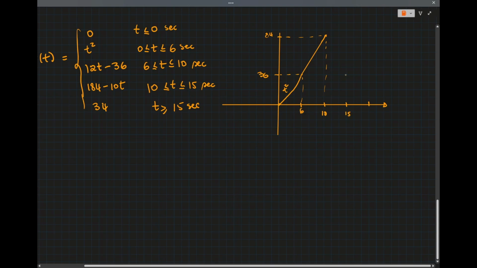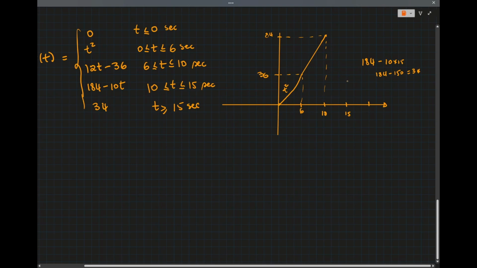I have 184 minus 10 times 15, so 184 minus 150, that's 34. So this will come down to 34.